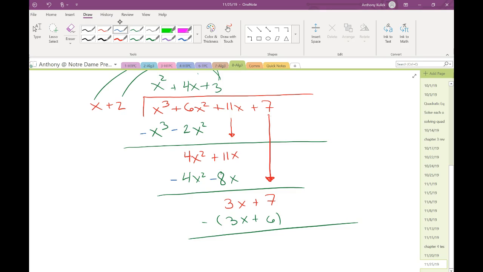Remember, since I have that subtraction symbol around the parenthesis, I need to distribute. So really I have a negative 3x and a negative 6. And when I add down, I'm left with 1. So my quotient is x squared plus 4x plus 3, remainder 1.